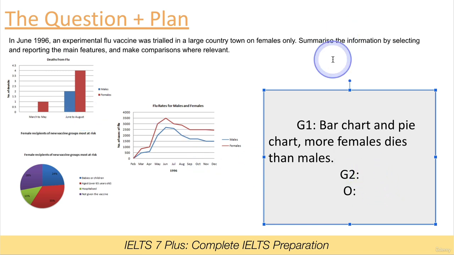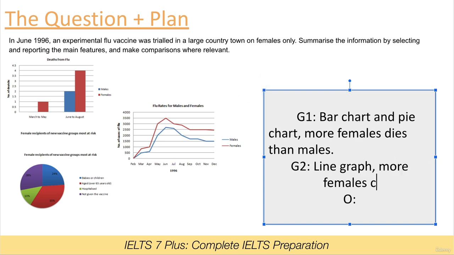Okay then, group 2, let's talk about the line graph. And more females died, and also more females contracted the flu in general as well. Okay, so the overview, we want a sweeping statement just to summarize everything that we're seeing.